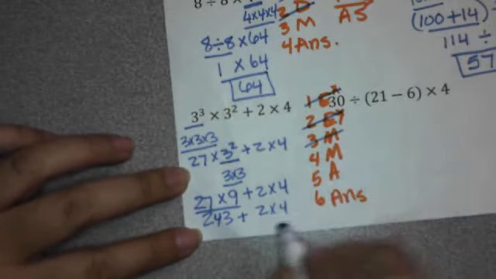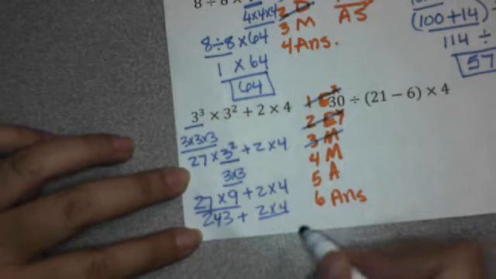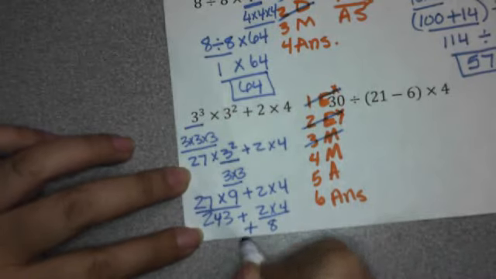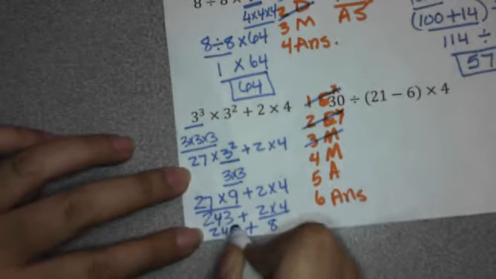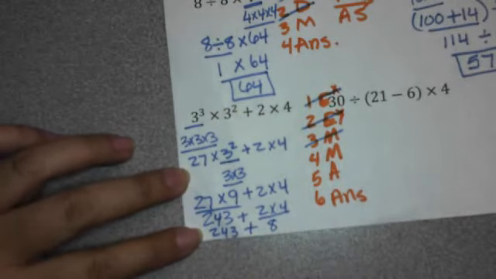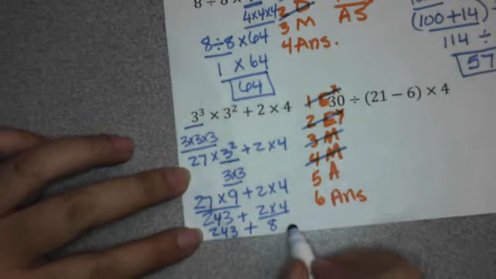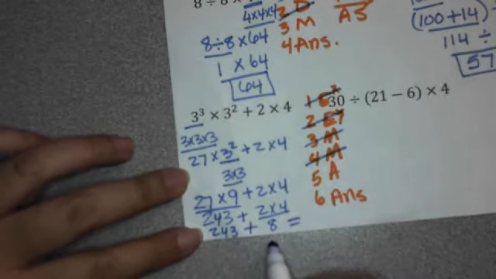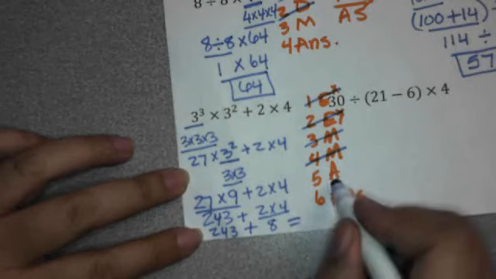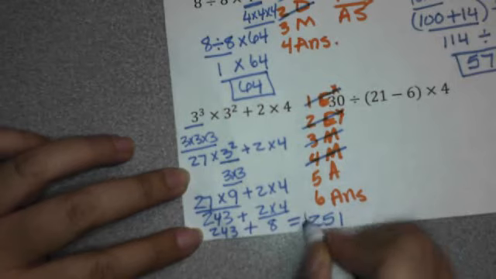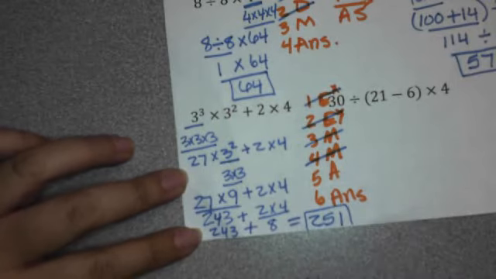Step number 4, 2 times 4 is 8 plus 243. And I'm running out of room here, so we're going to put it over here. So you're going to take 243 plus 8, which is step number 5, to get you 251. And that is your answer.